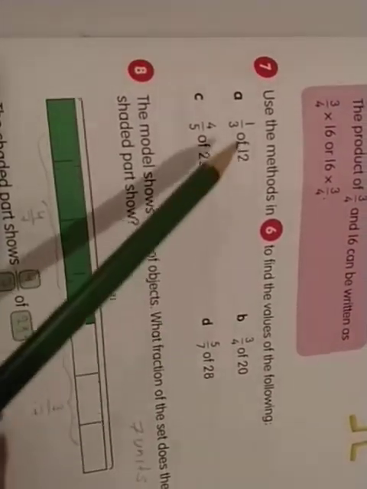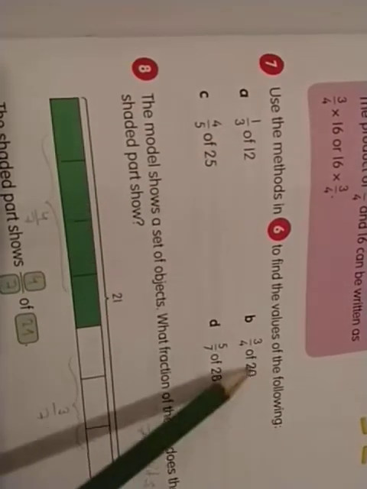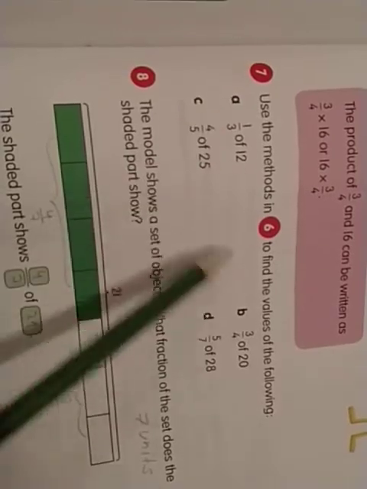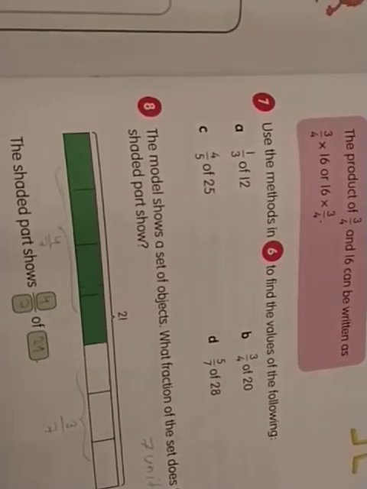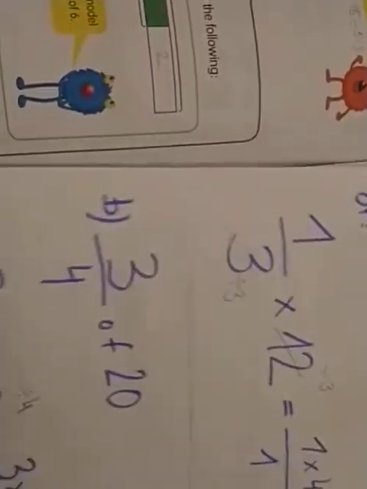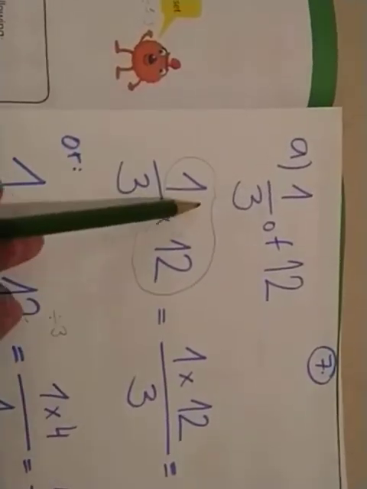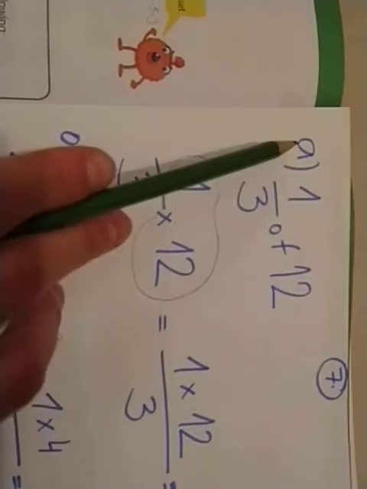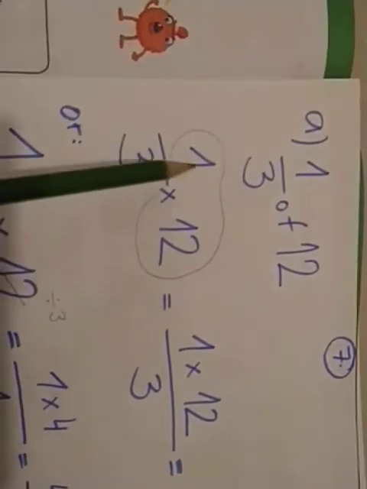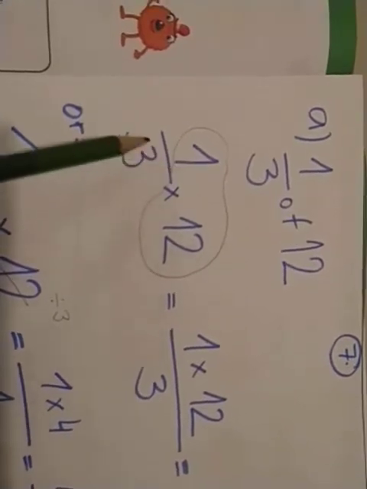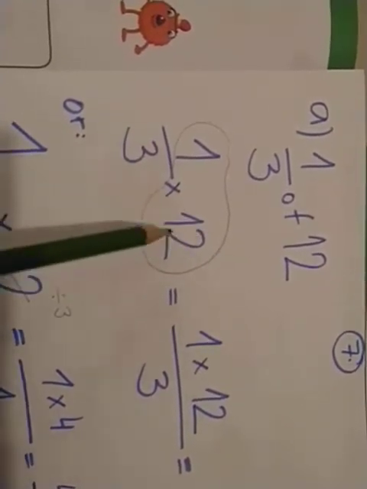So what can I do here now? I want to explain exercise 7, A, B, C, and D. I will help myself with this prepared material. So how can I find 1/3 of 12? Exercise 7A. 1/3 of 12 I write in this way: 1/3 times 12.